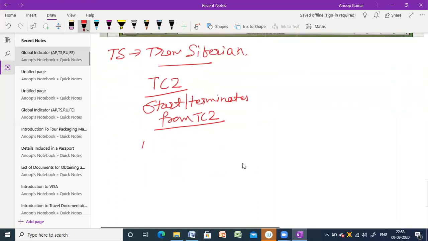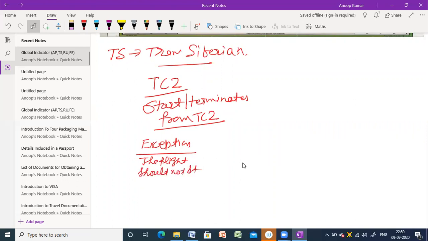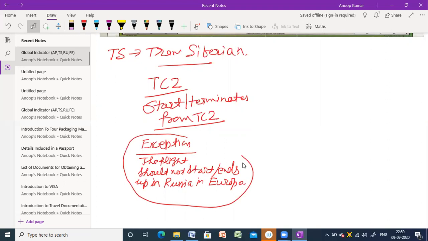The exception is that the flight should not start or end in Russia in Europe. The flight can start or end in any other part of TC2, but for it to be the TS global indicator, it cannot start from Russia in Europe.